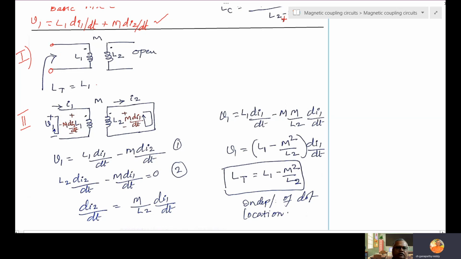L equivalent is only L1. Why only L1? When current is entering here, secondary side voltage will come, but because it is open, current will not flow. When current is not flowing, then back EMF will not come. So secondary effect will not be there in the primary. Therefore, L equivalent is only L1.